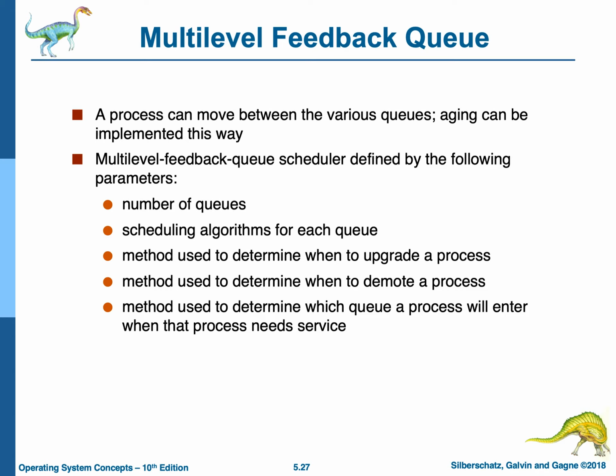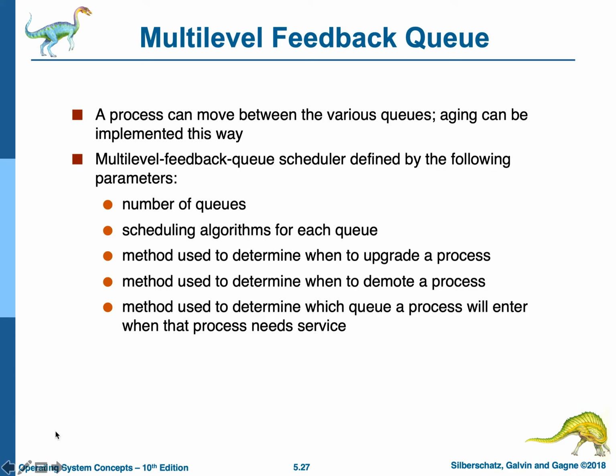So the movement of jobs between the queues is also possible, and if this movement happens not only between the queues but also between processors or CPU cores, then it is called migration. Migration between the CPUs and the queues.